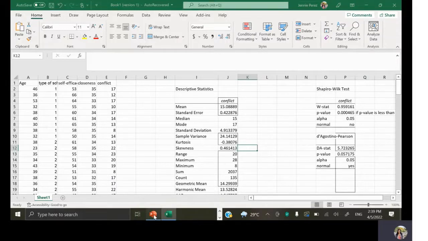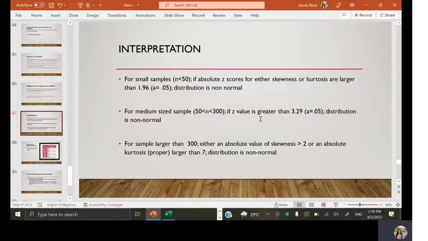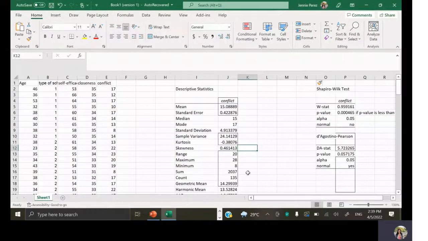What does it say here? If the z-value is greater than 3.29, the distribution is not normal. So for us to declare this as normal, we have to hope that the z-value for this skewness is less than 3.29.